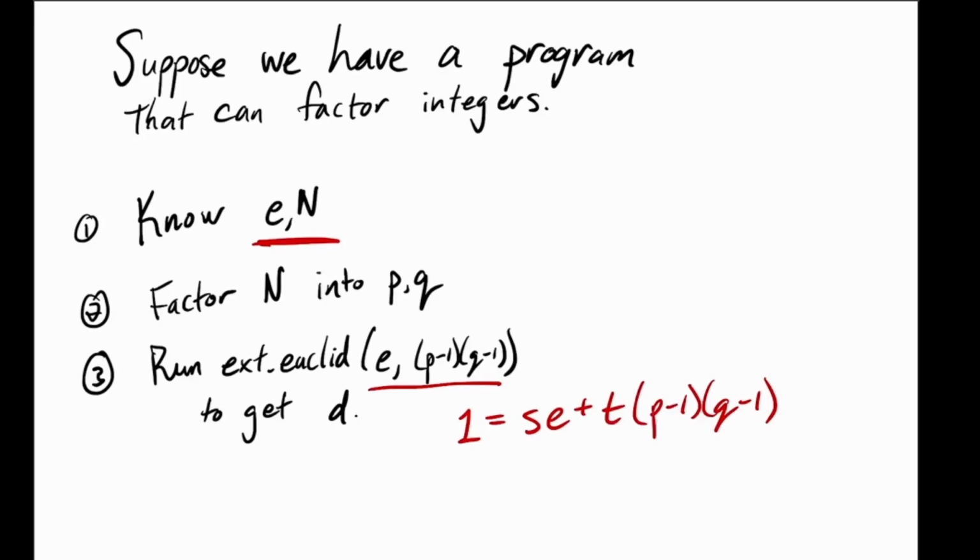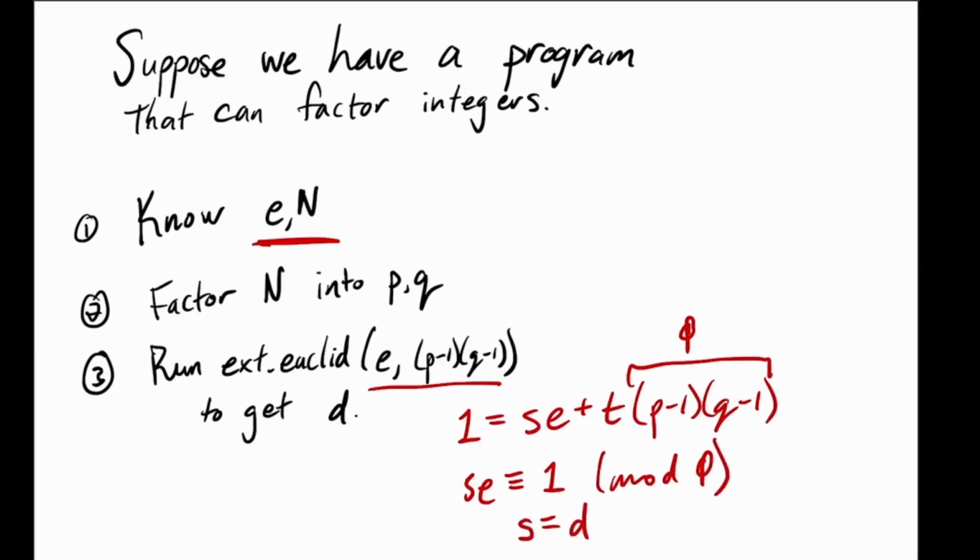Modulo this number, which is phi, this means I have s times e congruent to 1 mod phi, and so actually s is equal to the secret key.